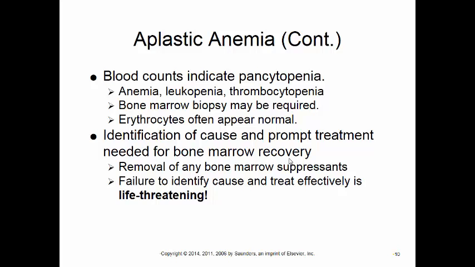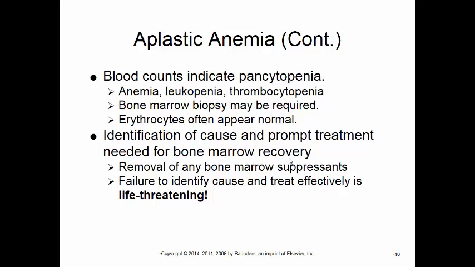cells. What we see is the blood counts often indicate pancytopenia, which is a decrease in all the cell types: the red blood cells, white blood cells, and the thrombocytes, so they're all low.